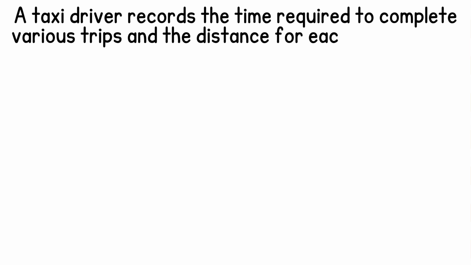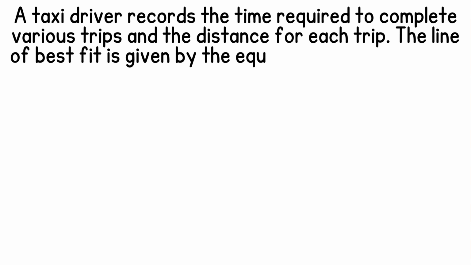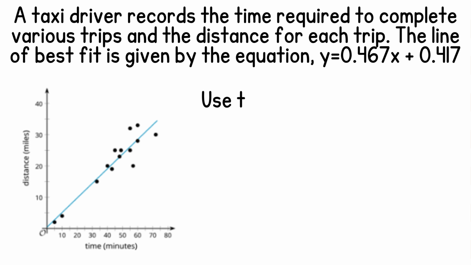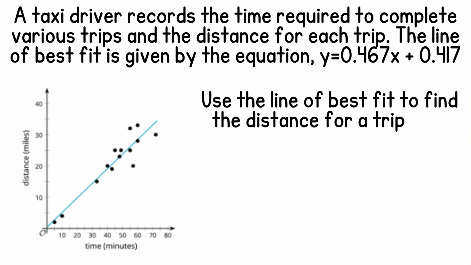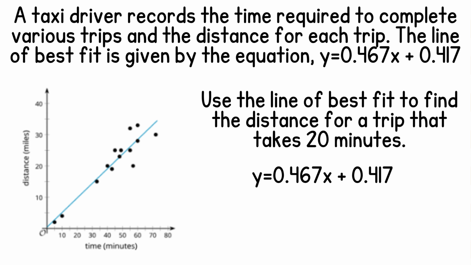Here's another example. A taxi driver records the time required to complete various trips and the distance for each trip. The line of best fit is given by the equation y equals 0.467x plus 0.417. We'll use the line of best fit to find the distance for a trip that takes 20 minutes. So we'll take the equation that they gave us, and we'll replace x with 20 since x represents the minutes.